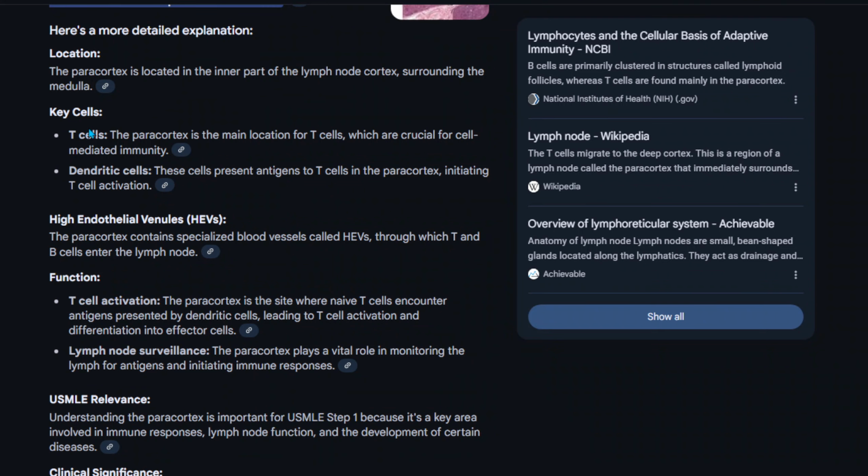Remember, paracortex, T cells. The paracortex is the main location of T cells, which are crucial to cell-mediated immunity. The dendritic cells present antigen to the T cells in the paracortex, initiating T cell activation. So the dendritic cells bring the antigens, bacteria or virus, to the T cells, and they initiate the T cell activation.